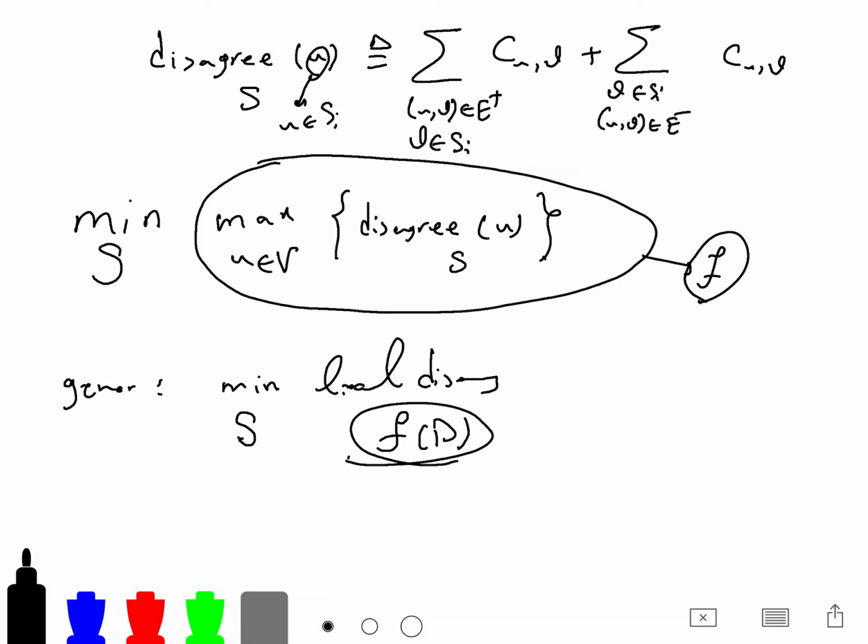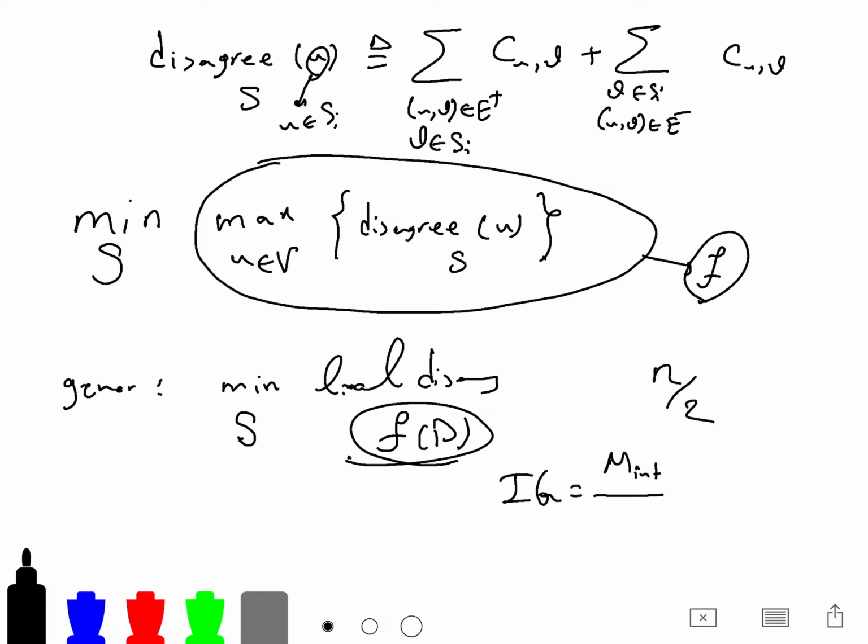So it is proved that the natural LP and semi-definite programming relaxation for min-max disagreement, if f is a maximum, have an integrality gap of n over 2.